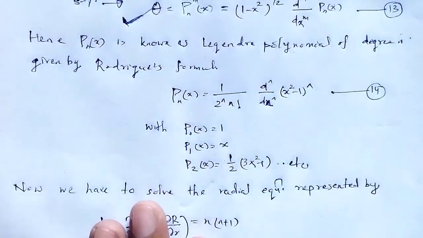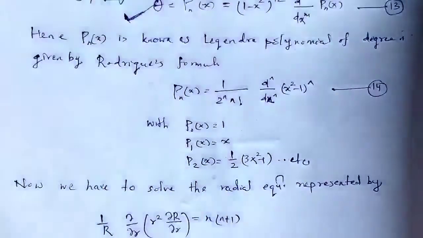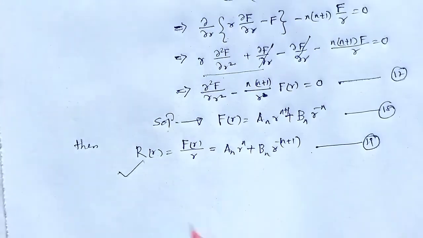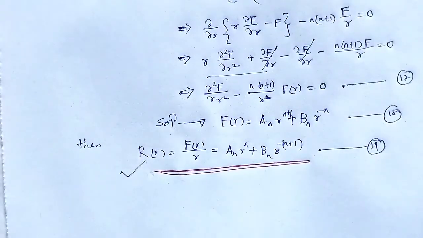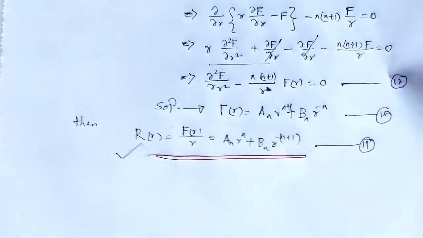I take a red sign: this is for phi, this for r, and that for theta.